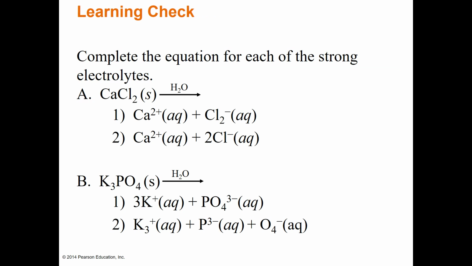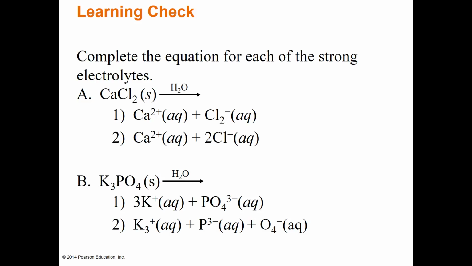Complete the equation for each of the strong electrolytes. Calcium chloride would break up into the top equation or the bottom equation? Top. Anytime you have dissociation, that's two chloride ions, right?